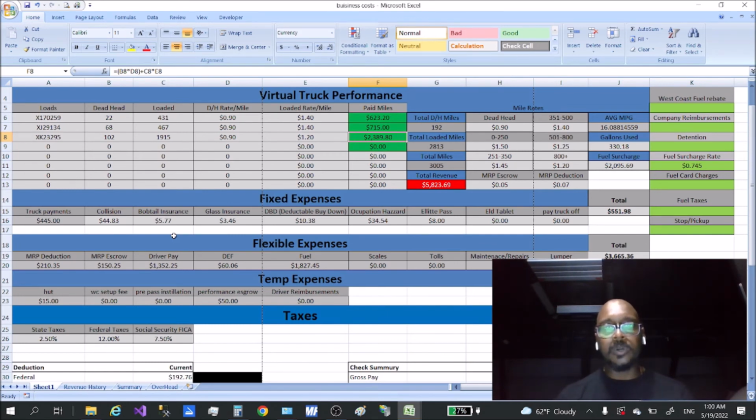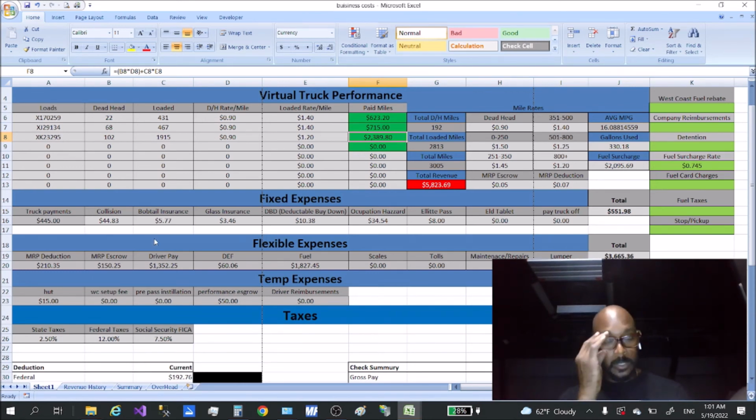My deductible buy down is $10.38. My occupational hazard, that's like workman's comp, that's $34.54. Elite pass, that's for all my tows, that's $8. My ELD, my Zonar tablet for my e-logs, my electronic logbook, they don't take anything out for that.